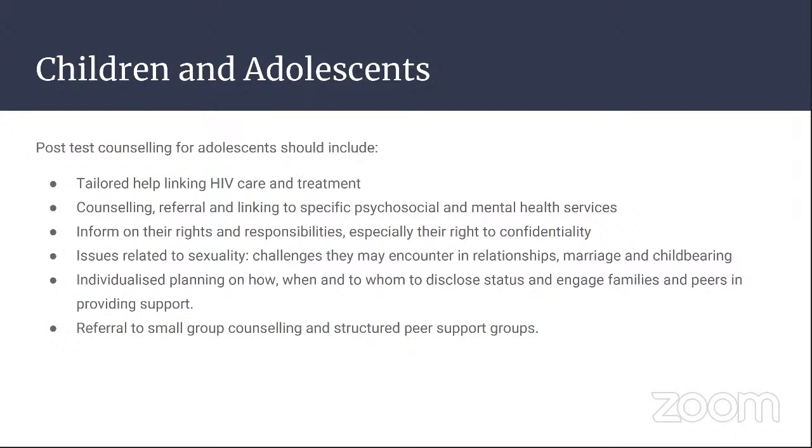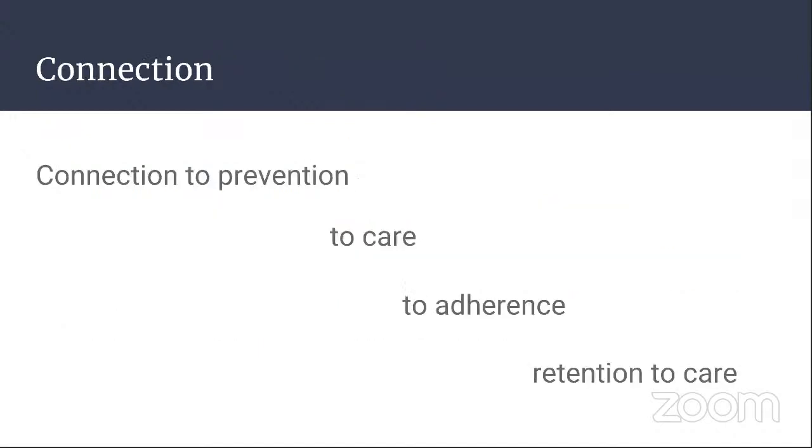We also tell them about issues related to sexuality, challenges that they may encounter in relationships, marriage, and childbearing age. We individualize the planning on how, when, and to whom to disclose their status, and engage families and peers providing support. We also refer to small group counseling and structured peer support groups.